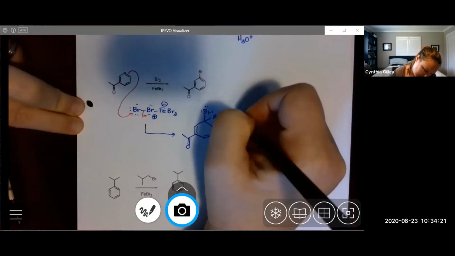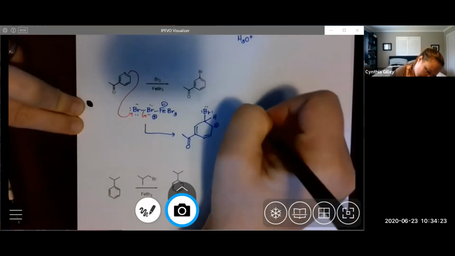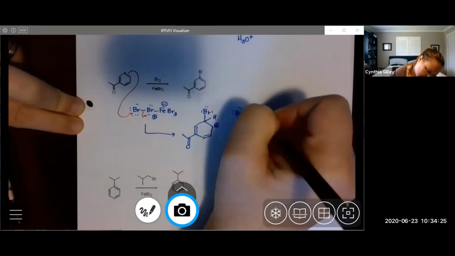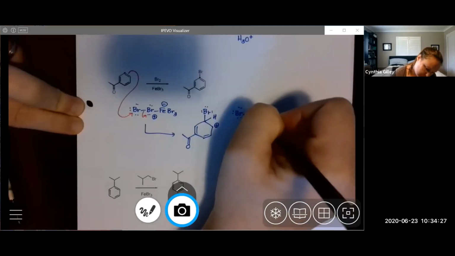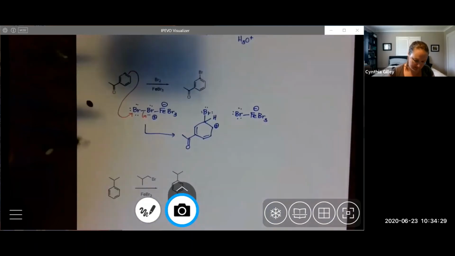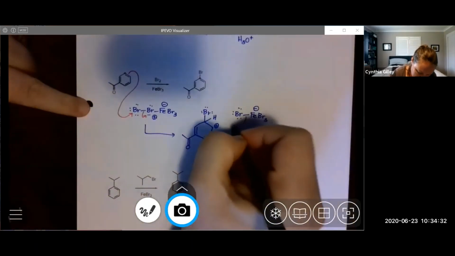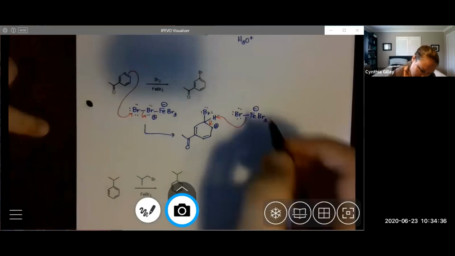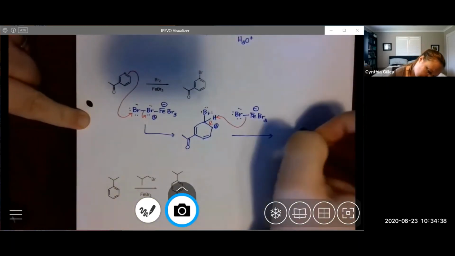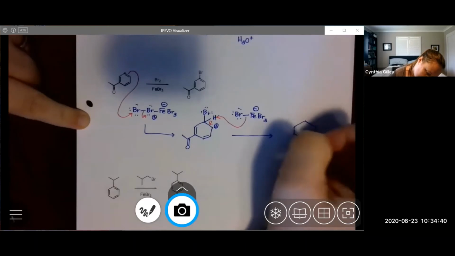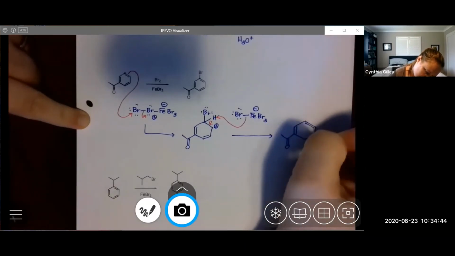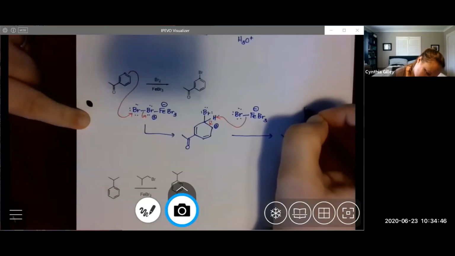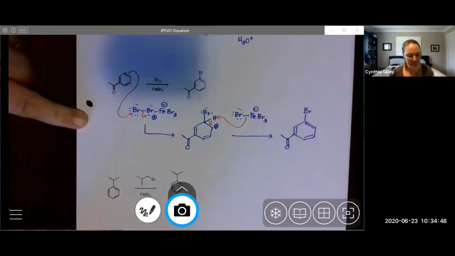So I'm going to generate the leaving group in order to show proton transfer, and get to the product.